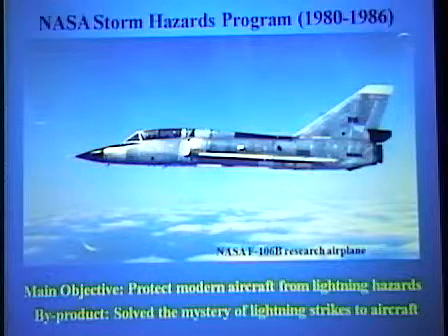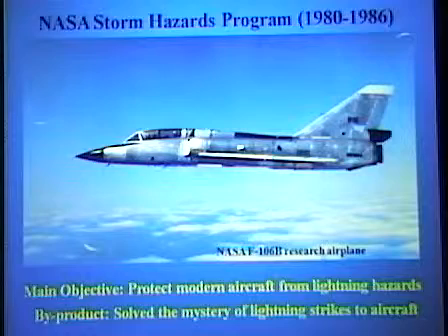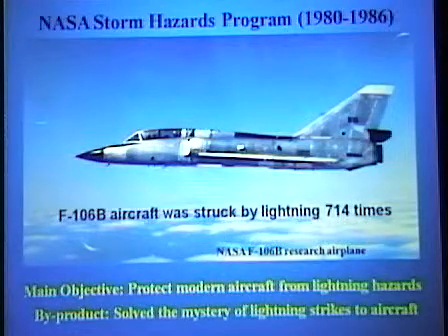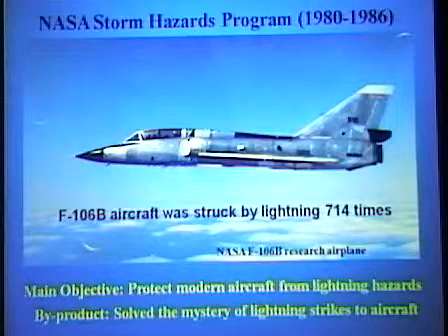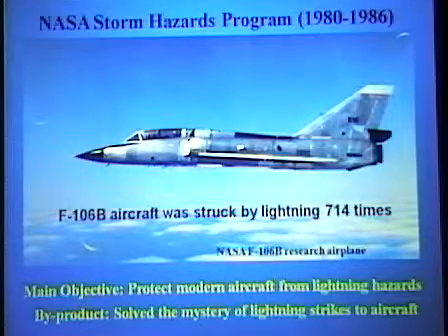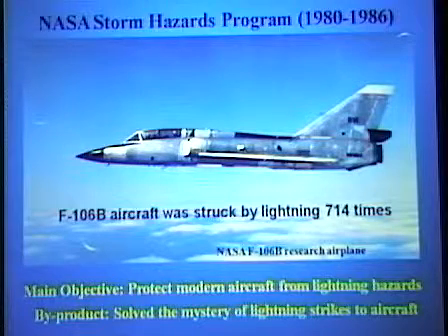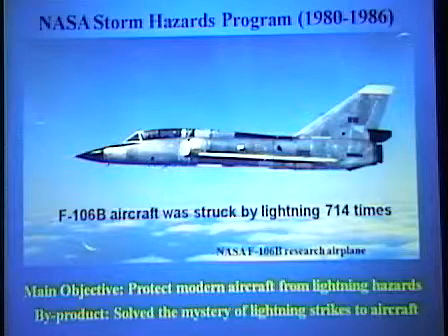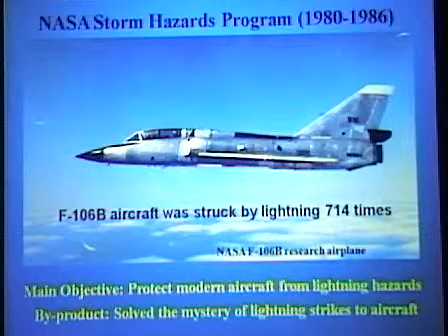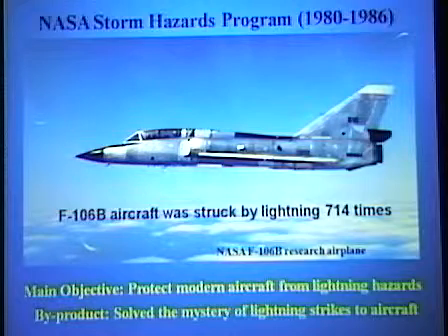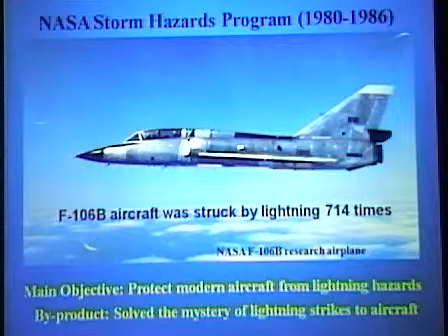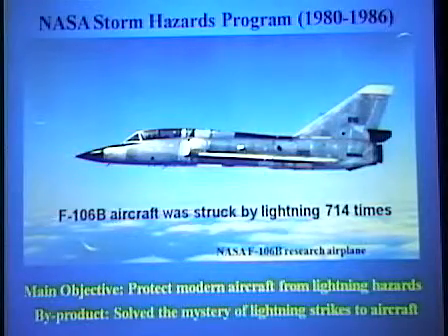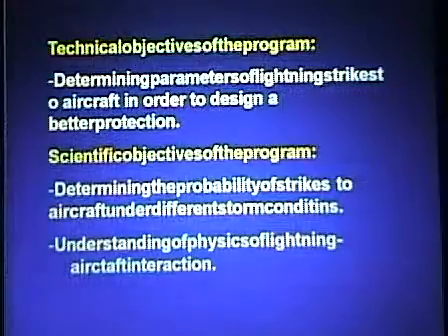This program answers this question conclusively. Aircraft F-106B was struck 714 times. Plenty of data. Actually, after a couple of years, NASA said, enough, we have enough cases. But this aircraft was flying at different altitudes, first at very high altitude and at low altitude, so it was exploring all possibilities of lightning-aircraft interaction.